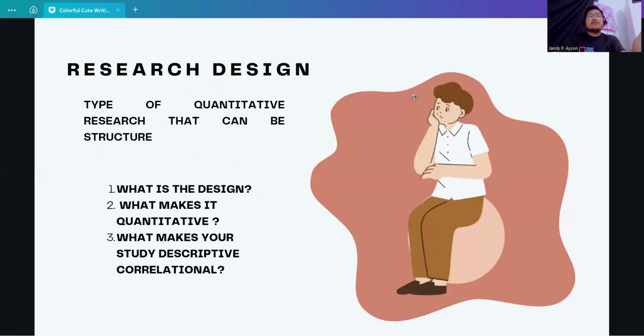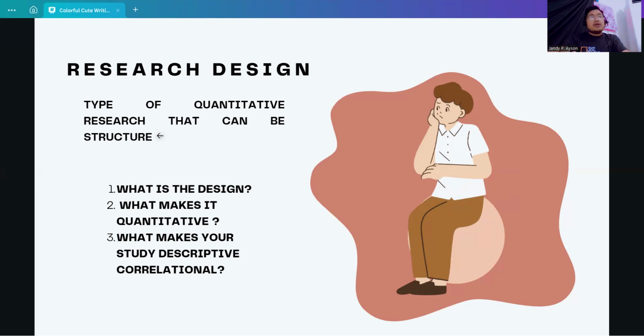So just like what I've told you during the discussion, it is the type of quantitative research that can be structured. Sorry, I forgot to have a letter D there, but type of quantitative research that can be structured. Meaning, when we talk about research design, this is the approach wherein nagre-rely lahat ng mga methods pa na gagawin natin.